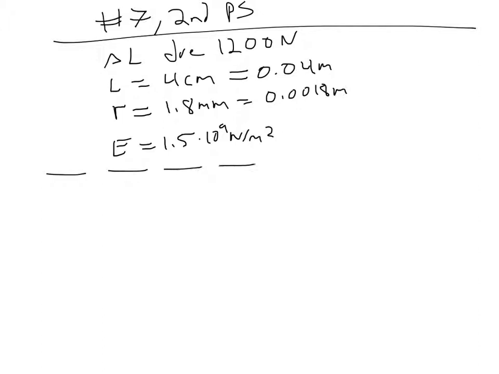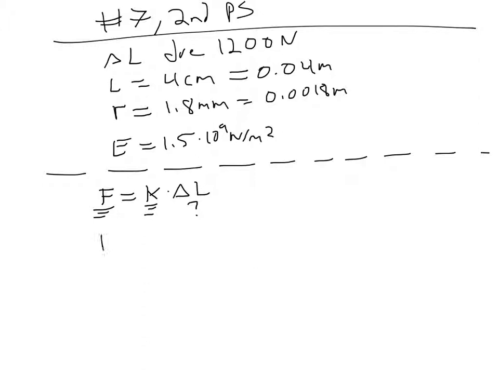The tricky part of this problem is to figure out which equation to use. If we look in our notes, we see the equation: the force applied to a tendon is equal to the tendon stiffness times its change in length. This might be a good equation to start with because we know the applied force, we know F. We're looking for the change in length, and it's possible that we might be able to solve for this K here.